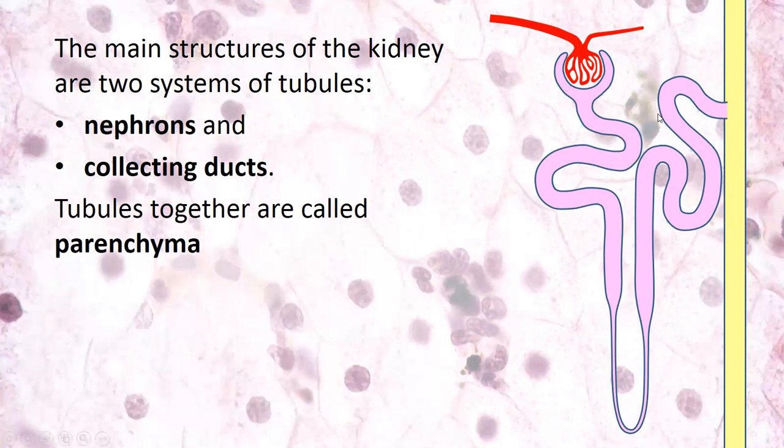For example, glands also have parenchyma and stroma, and parenchyma is different in every organ, and usually it's composed of epithelial tissue, but there are some exceptions. So the specific part of kidneys, which provides main functions of kidneys, is the system of two ducts, nephrons and collecting ducts. They form parenchyma, the epithelial part of the kidney.